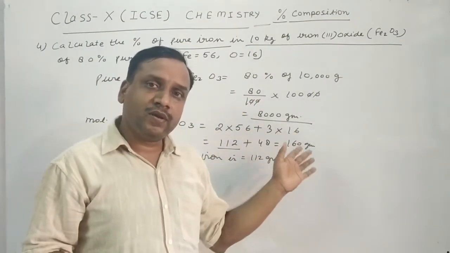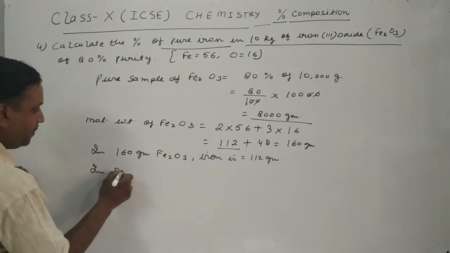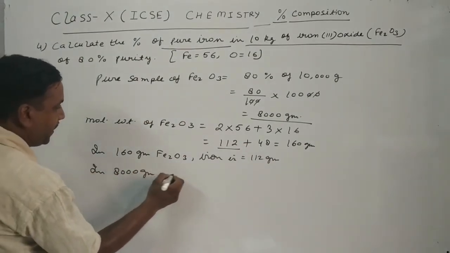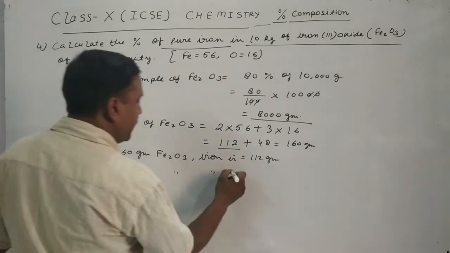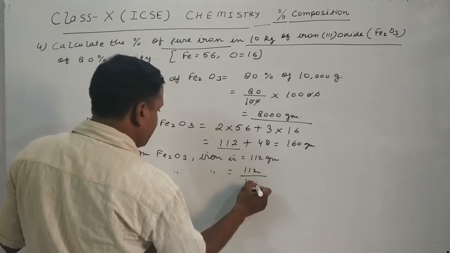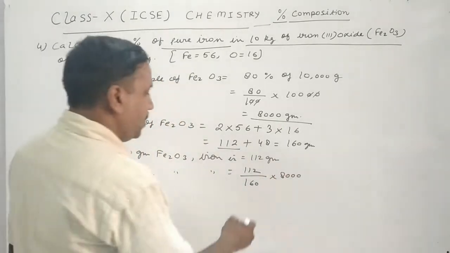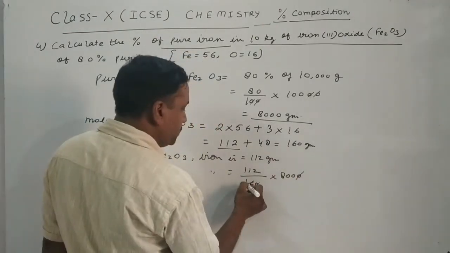So in this 8000 gram, you will calculate iron. In 8000 gram of Fe2O3, iron is 112 out of 160 multiplied by 8000. On solving this, how much will you get?